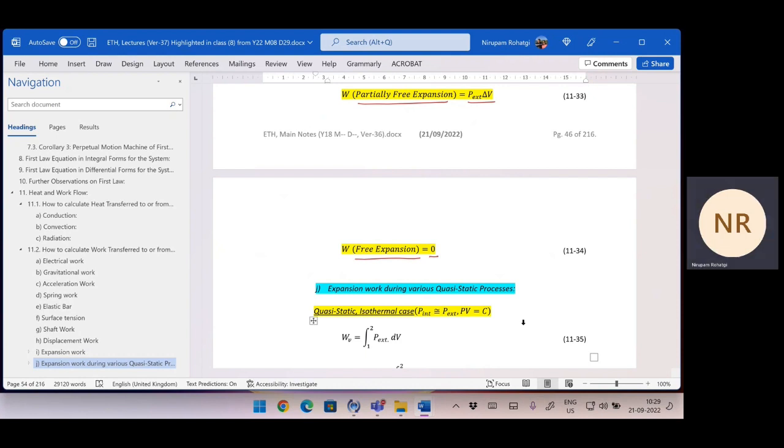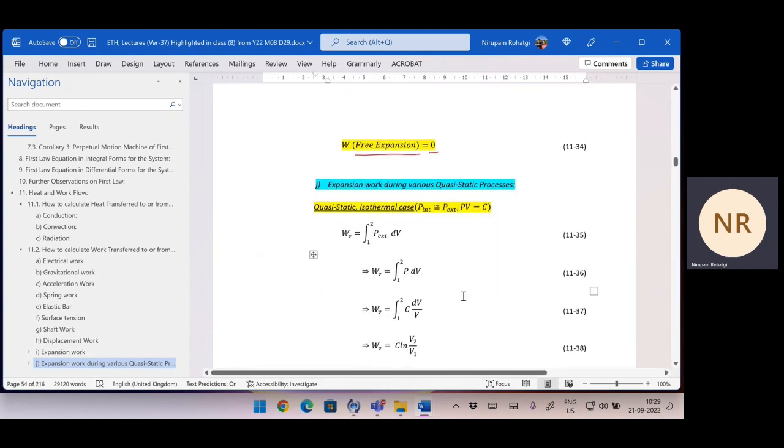Zero. It cannot be P dV or P delta V. So you have to take this into account. And this is where normally people make mistakes. And this is what is not mentioned in the books. So you have to be careful about it.